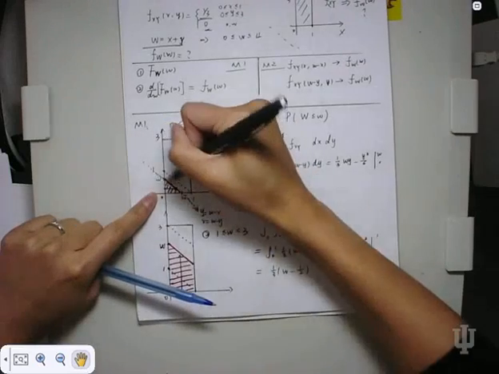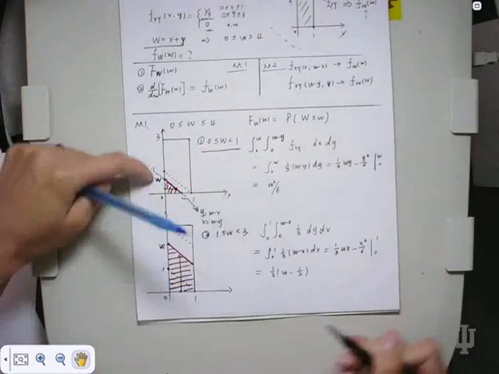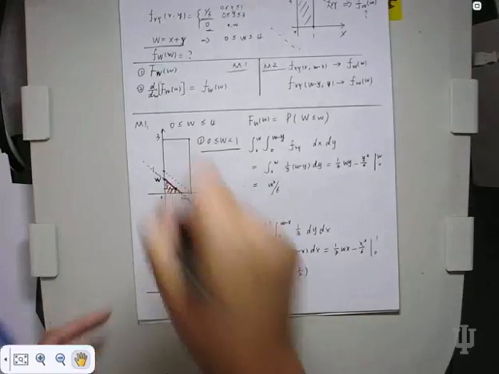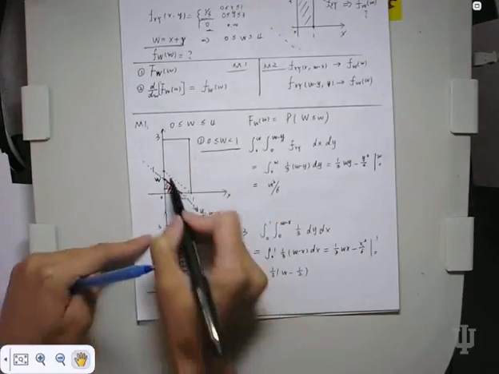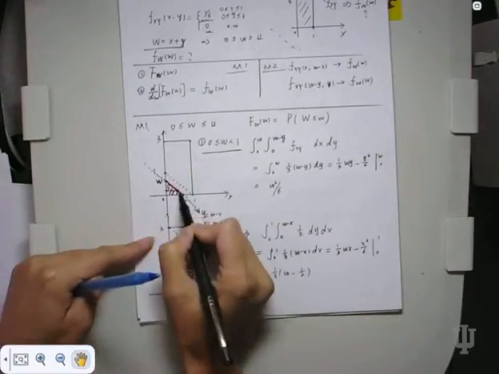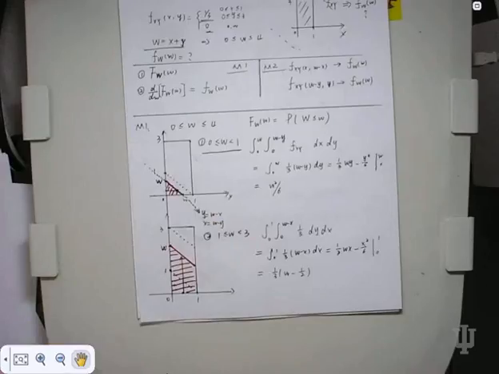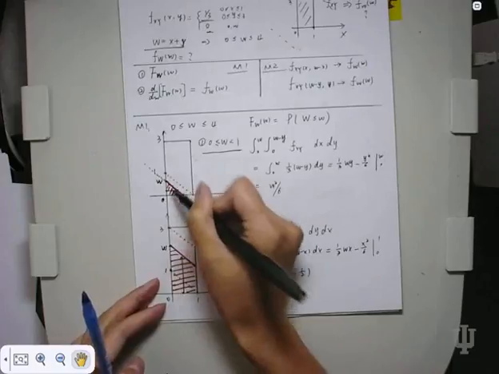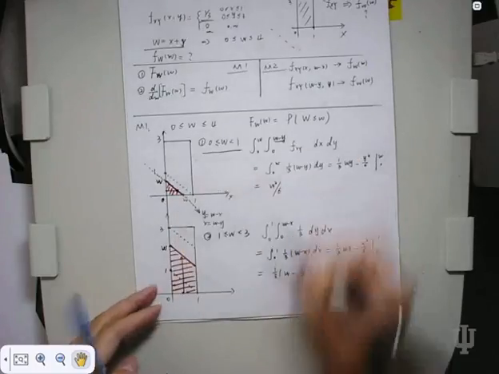Whenever I fix one line, it means my W is fixed. For example, this red line. Then any x value on this line is W minus 1, right? So you decide x is starting from 0 to this line, and this line is W minus 1.